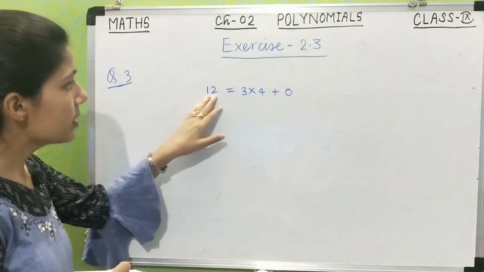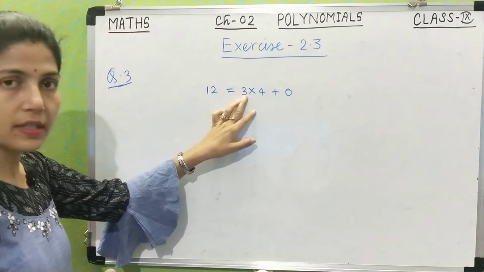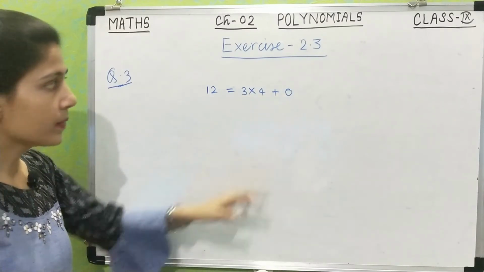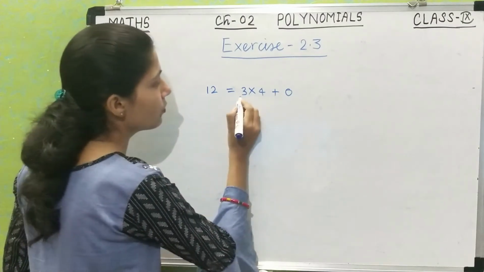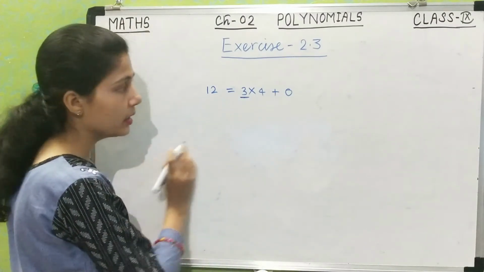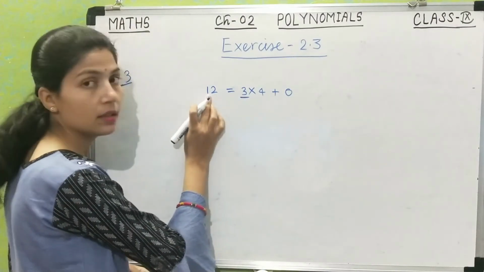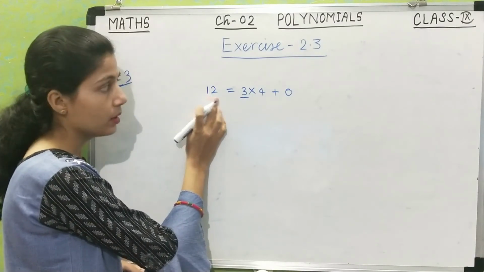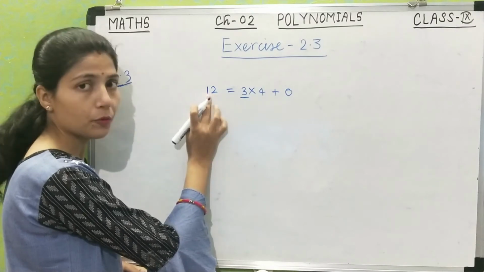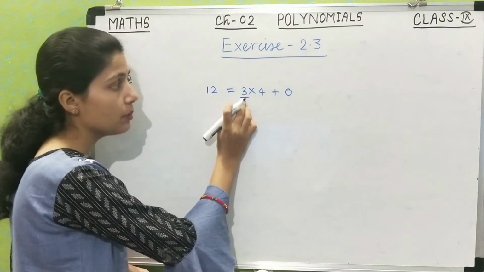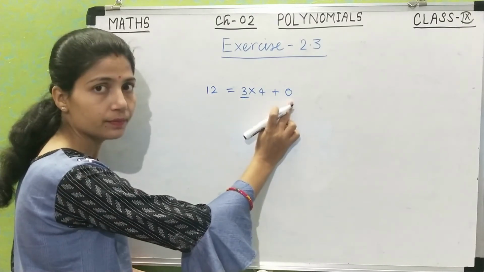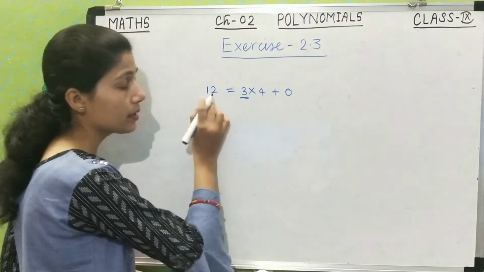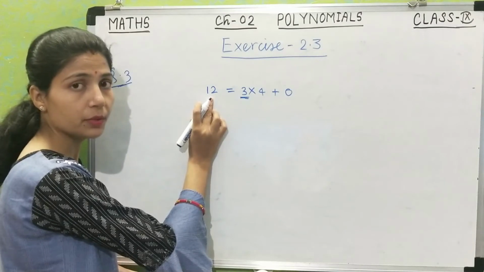So 12 is the dividend, 3 is the divisor, 4 is the quotient and the remainder is 0. So we can see that this 3, the divisor, is a factor of 12. This is only possible when the remainder is 0. If there is some remainder, then it will not be a factor of the given dividend.